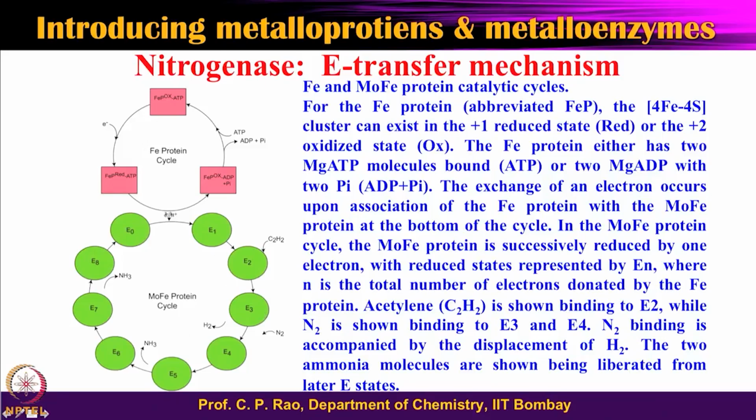Then the cofactor regenerates back. So, you have an electron flow happening from the iron protein to the iron molybdenum protein stepwise, one electron at a time. Once 2 electrons are added to the molybdenum center, these 2 electrons are utilized to convert H plus ions to H2, and at this stage the substrate can bind.